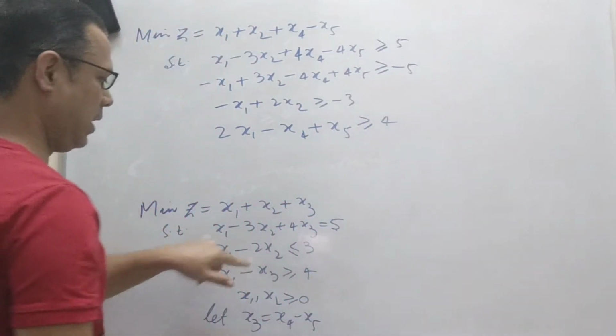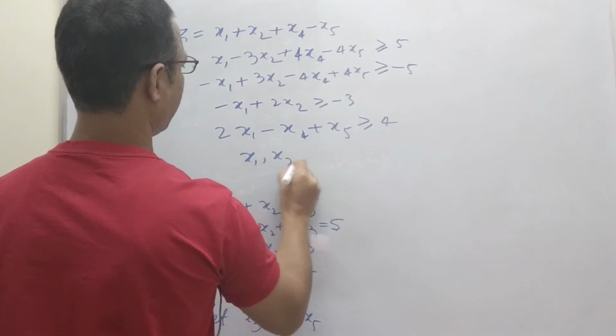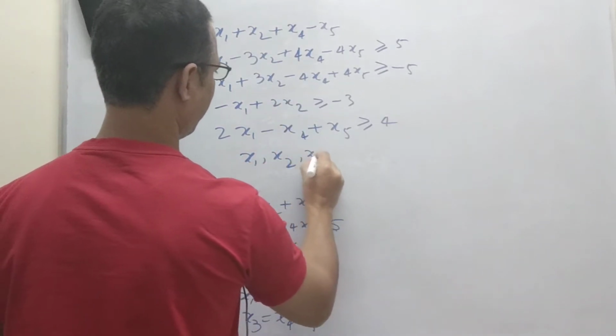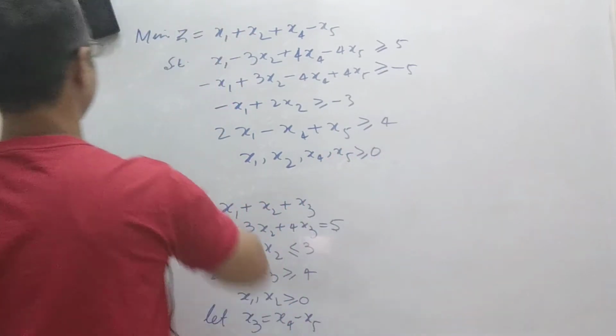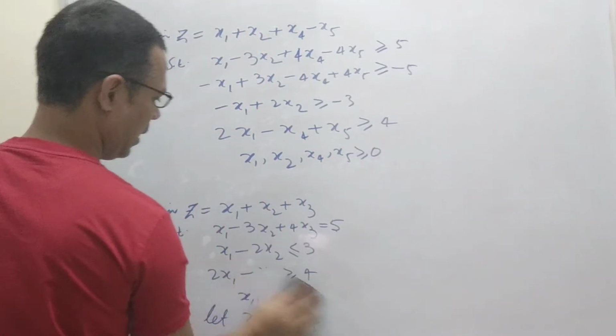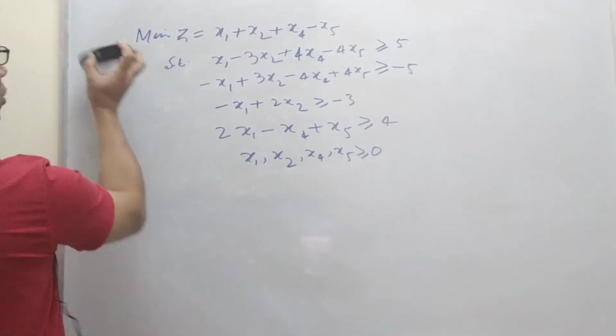There are no changes here, and for all the variables x1, x2, because x3 has been replaced with x4 minus x5, x4 and x5 will be greater than or equal to 0. Now these restrictions have been fulfilled in this LPP.